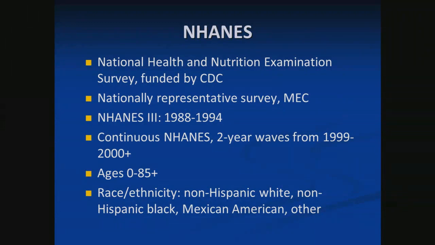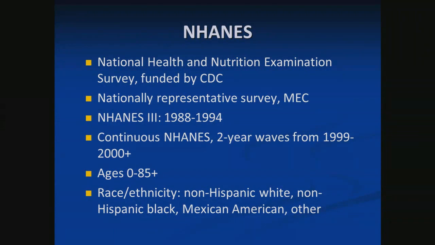And they're pretty amazing in the numbers. They're meant to be representative of the US population. There are about 10,000 people represented in each 2-year wave. So there are about 30,000 in NHANES 3, in that first set over 6 years. The age range is all ages.